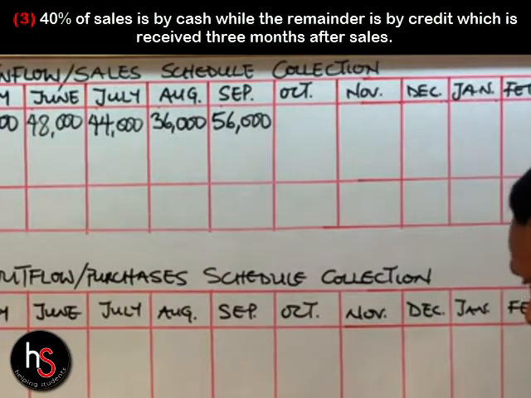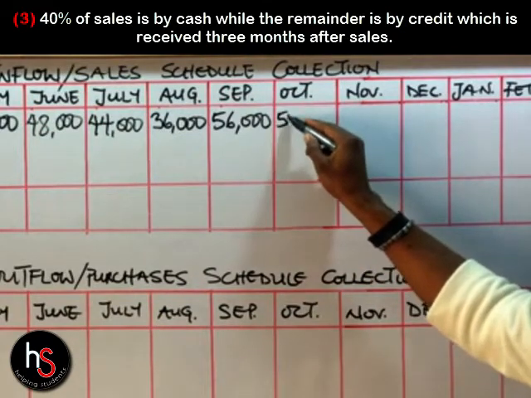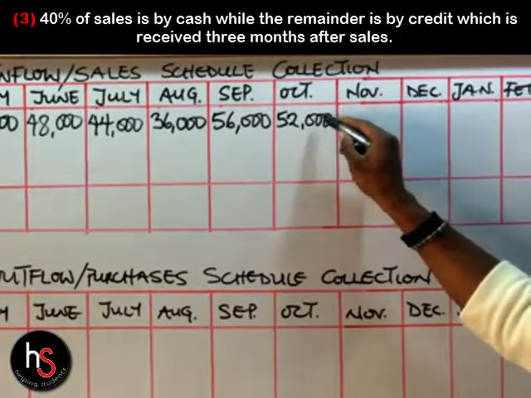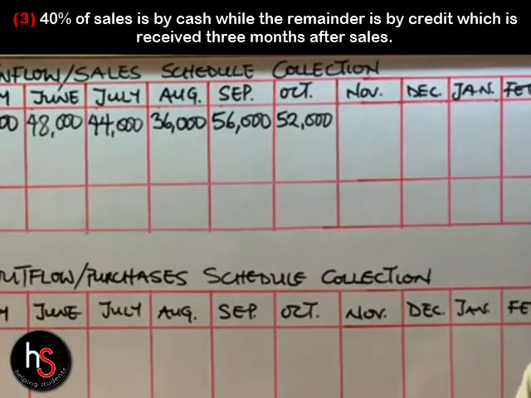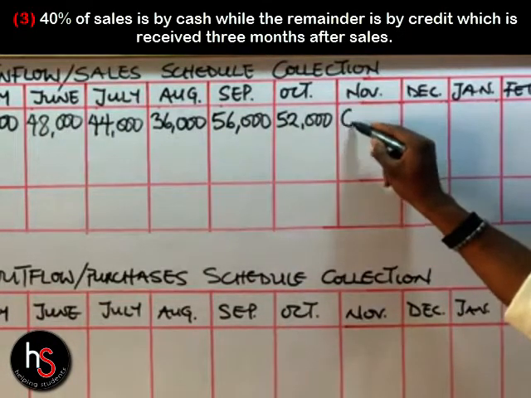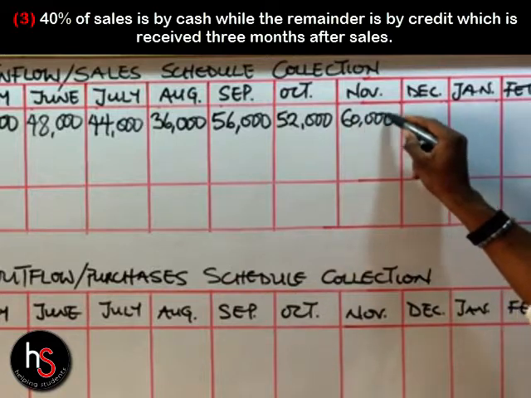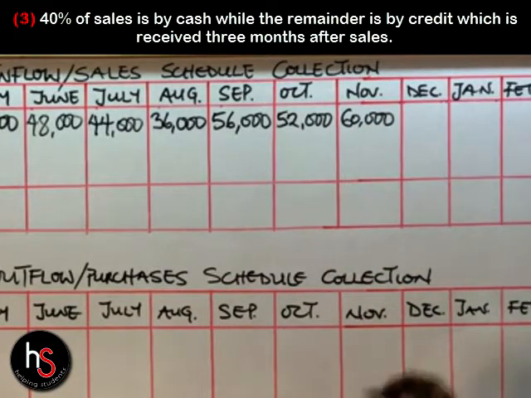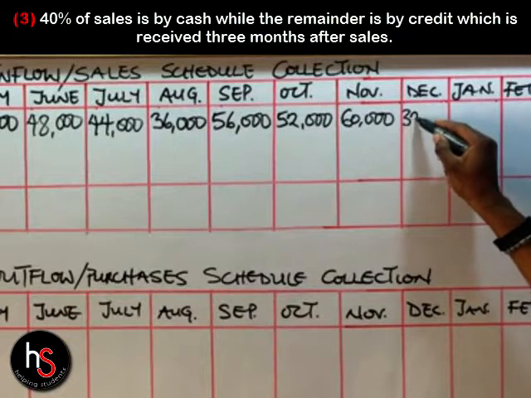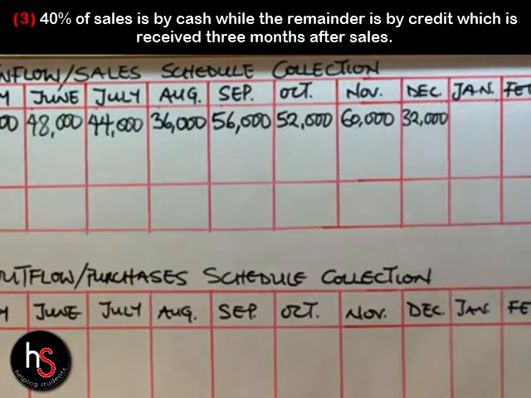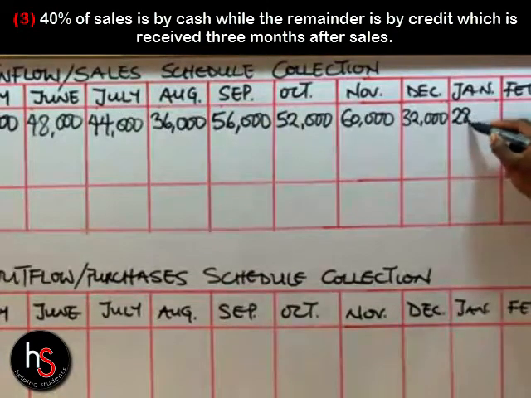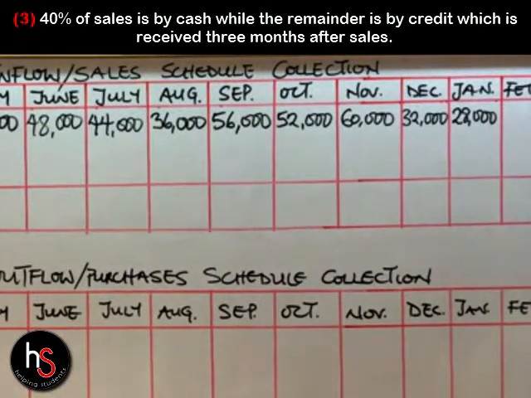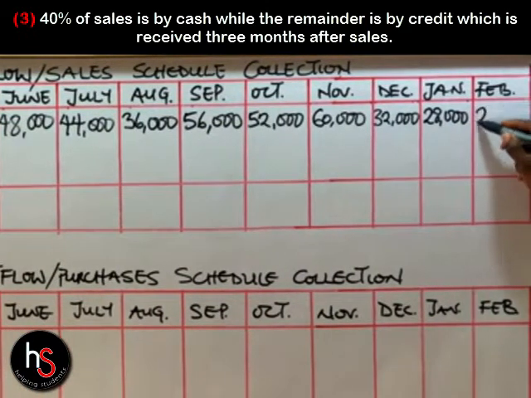In October, we have 52,000. In November, we have 60,000. In December, we have 32,000. In January 2007, we have 28,000. And in February, we have 24,000.